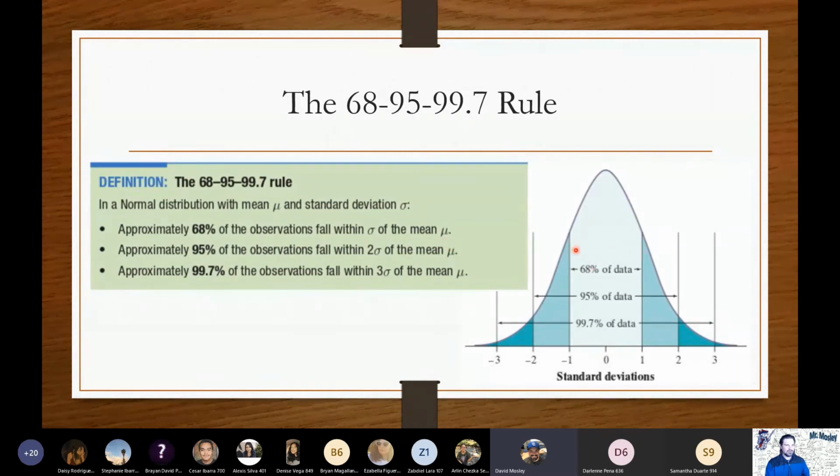That's what's represented here. This area under the curve has 68% of our data, right here in the middle. Approximately 95% of the observations fall within 2 standard deviations of the mean. So now we go from -2 to +2 standard deviations. This area under the curve represents 95% of our data.